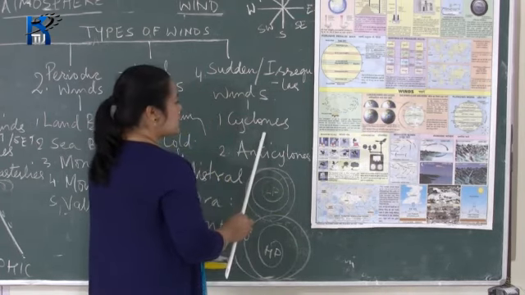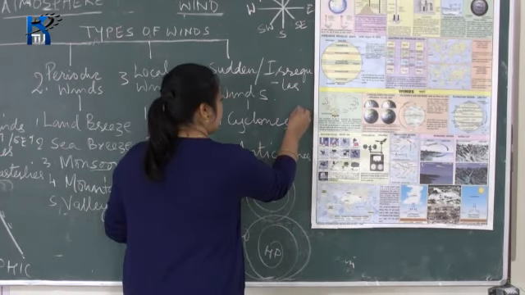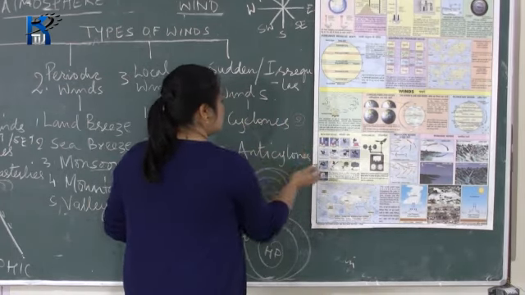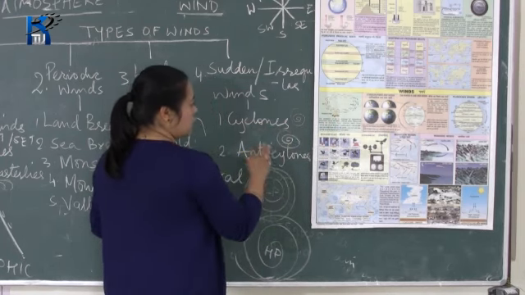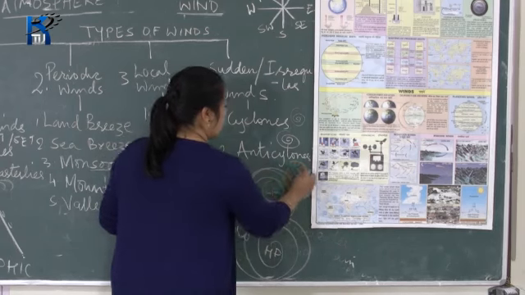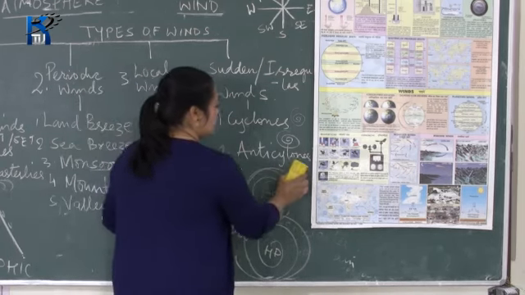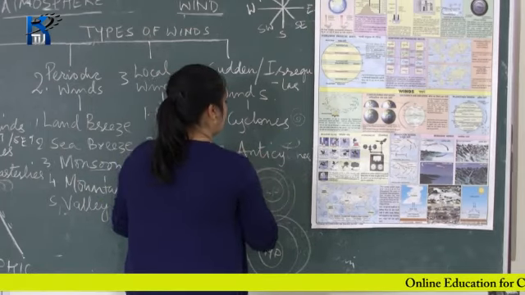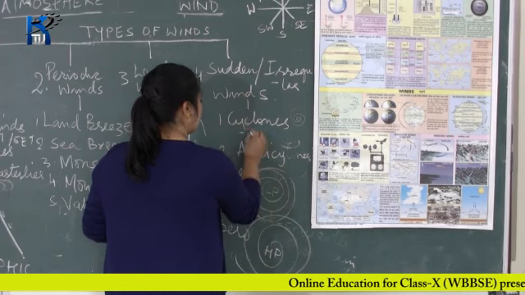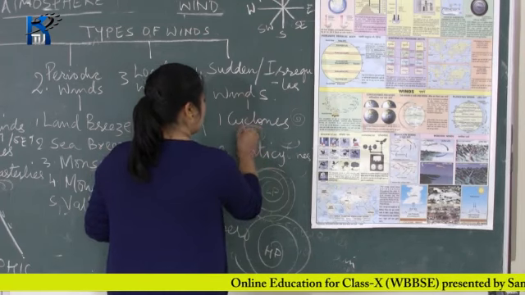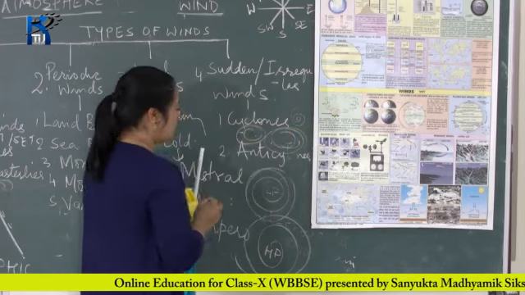That's why cyclones move anti-clockwise in the northern hemisphere and clockwise in the southern hemisphere.